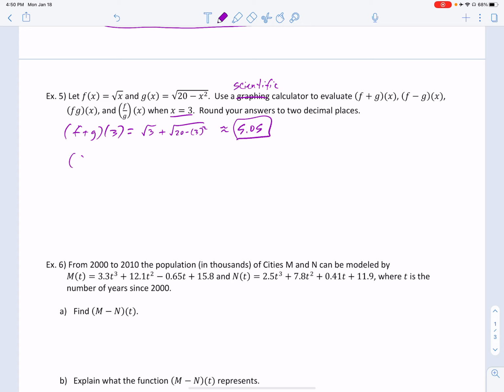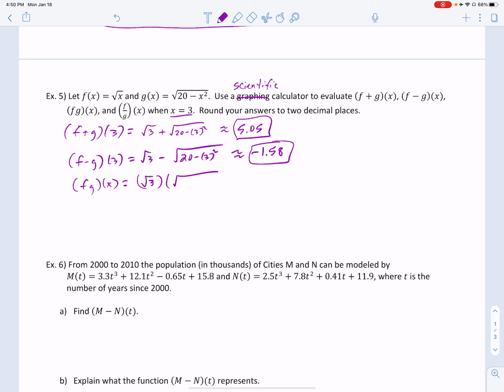And then they want you to evaluate f minus g of 3. So that would be root 3 minus the square root of 20 minus 3 squared, which comes out to be a negative 1.58 if you put that in your calculator. And then f times g of x means we are going to multiply that. So we have square root of 3 times the square root of 20 minus 3 squared.